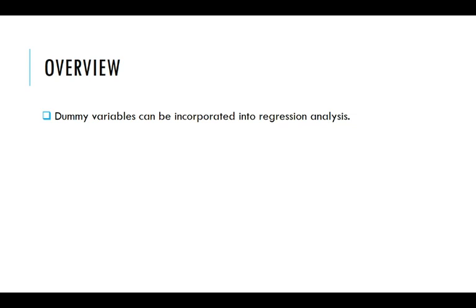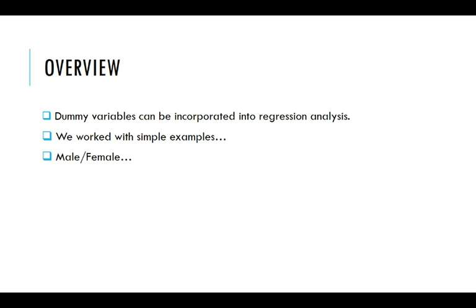Remember, as we've already talked about, dummy variables can be incorporated into our regression analysis. And we've worked with some simple examples already. For example, in our last lecture, we looked at male versus female.